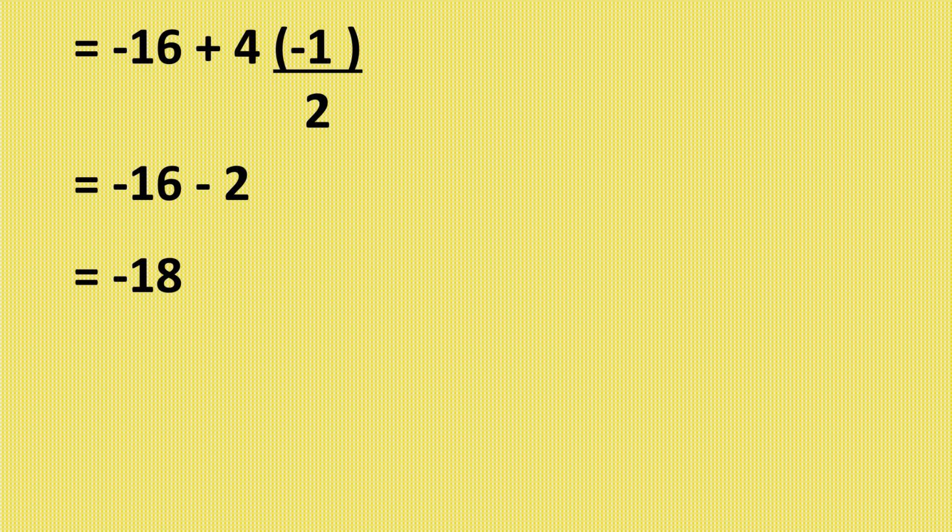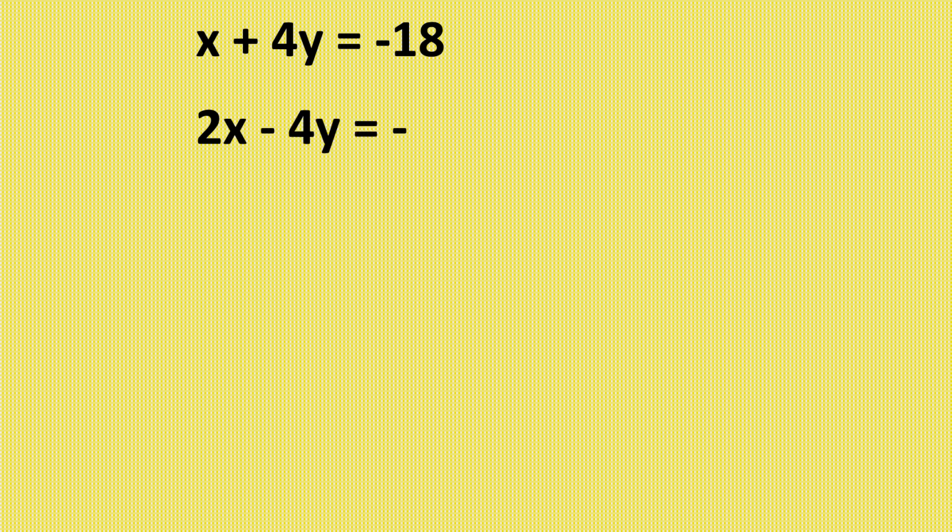Minus 16 plus 4 times minus 1, you have minus 4. Minus 4 divided by 2 gives you minus 2. So you have minus 16 minus 2. Minus 16, you're owing 16. Minus 2, you're owing 2 again. So you're going to be owing a total of 18. So the values for x and y confidently solve equation 1.